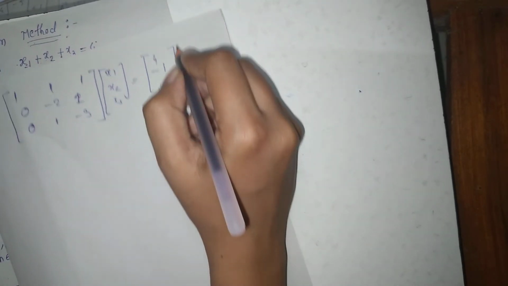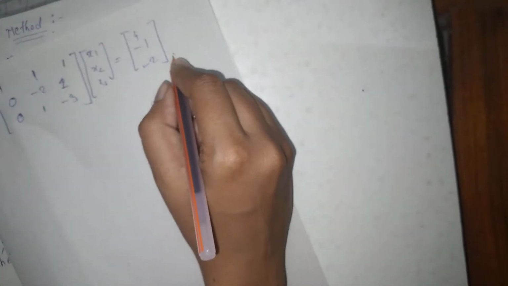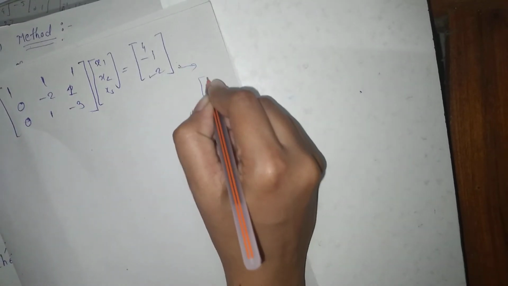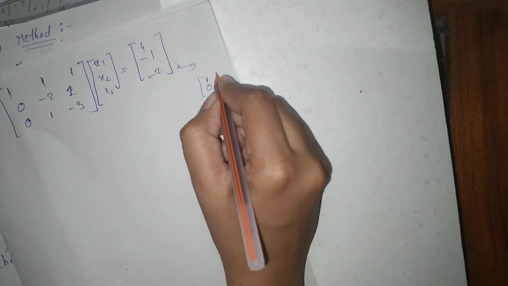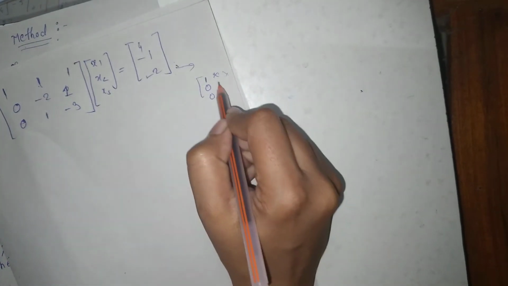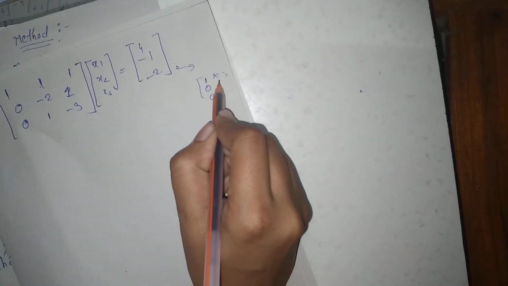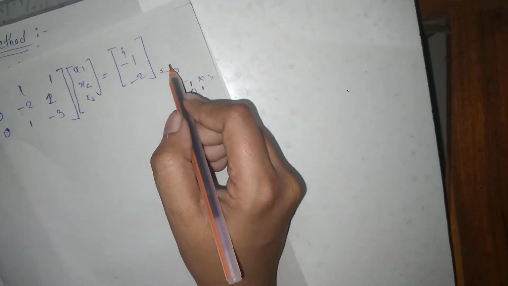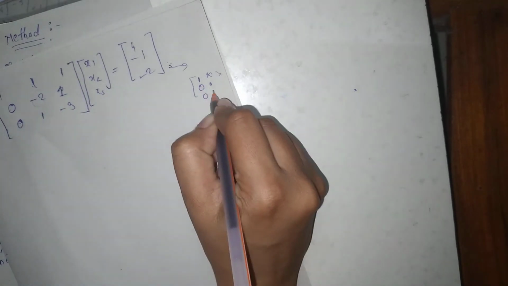Then for row echelon form, 1 is the leading element, then 0, and the next entries can be any element.